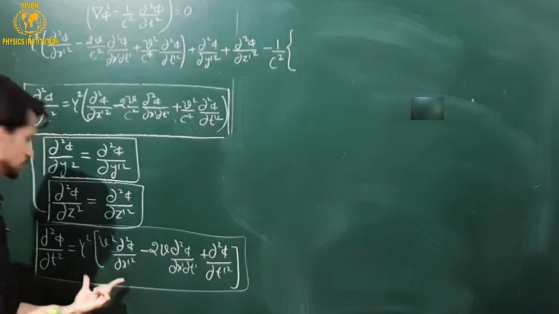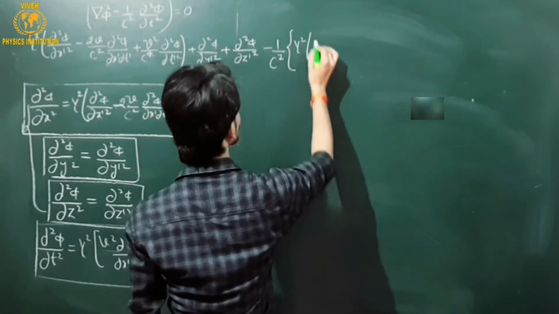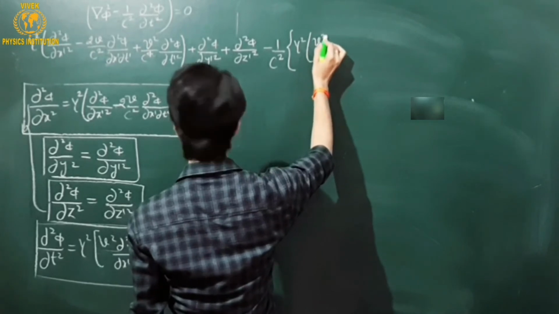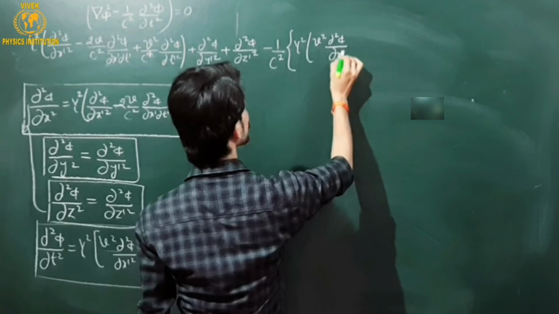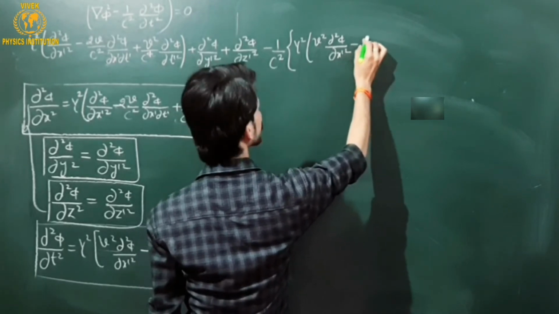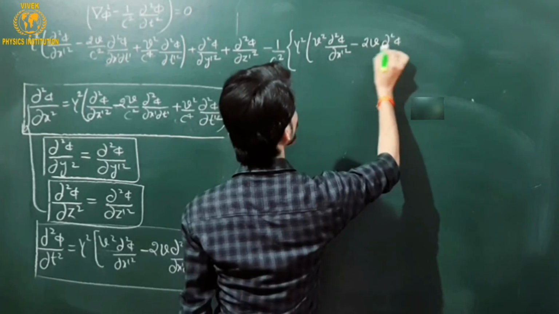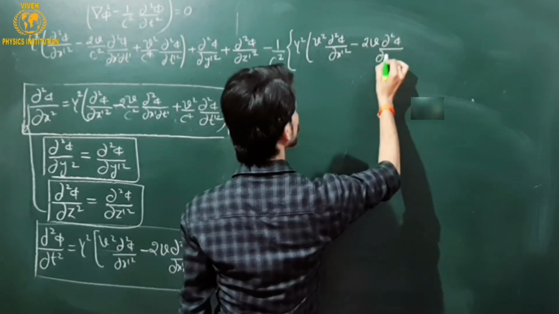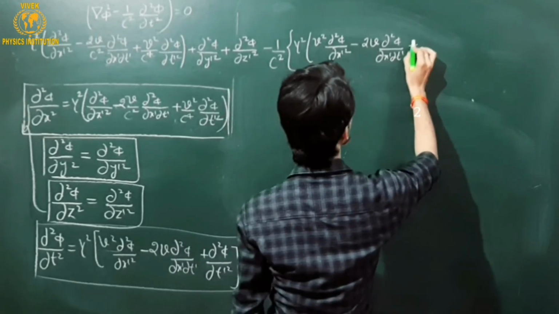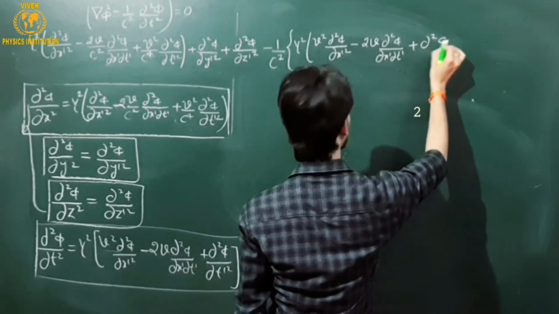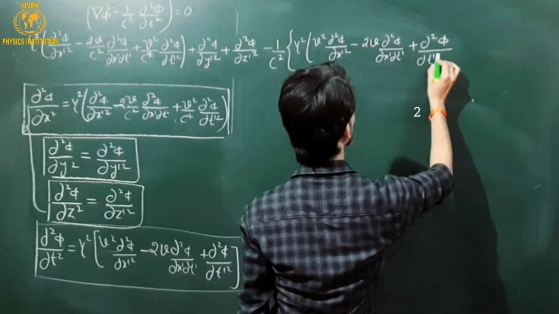equation. This is gamma square into v square del square phi upon del x dash square and minus 2v del square phi upon del x dash del t dash plus del square phi upon del t dash square.